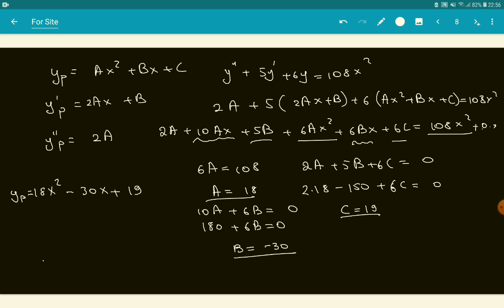So all that's left is writing yc plus yp. What was yc? Okay, yeah, yc was c1 e to the negative 2x plus c2 e to the negative 3x, plus 18x squared negative 30x plus 19. That's it for this question.